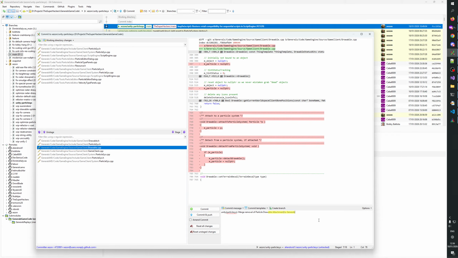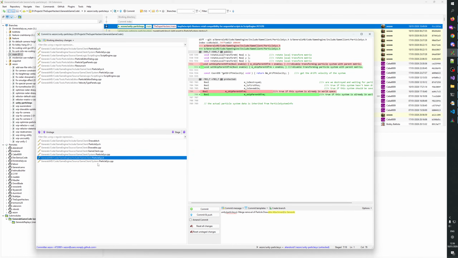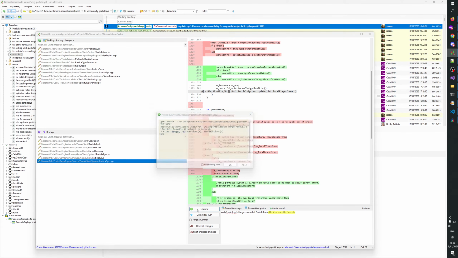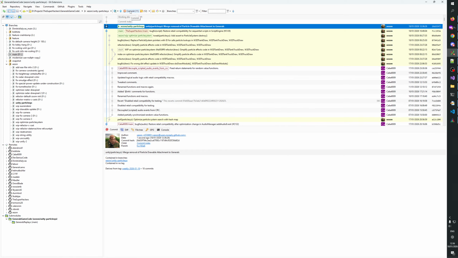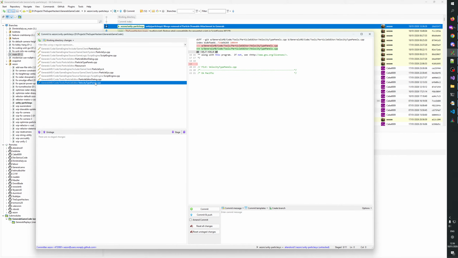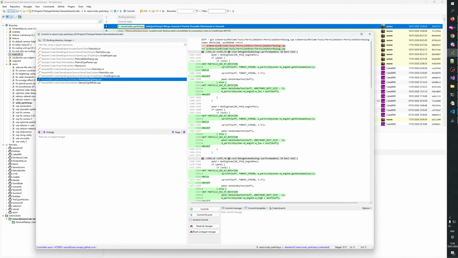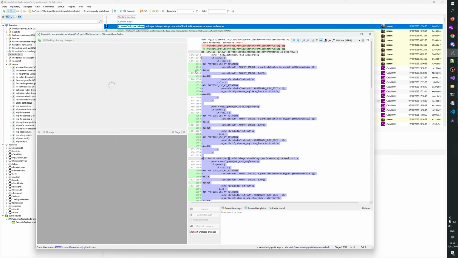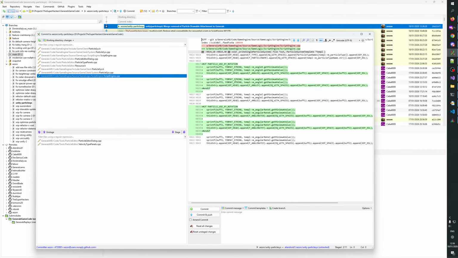Particle drawable attachments. Okay, I think that's fine. And then the next change, let's do the XY rotation thingy. So that's all that. Let's take that as well.